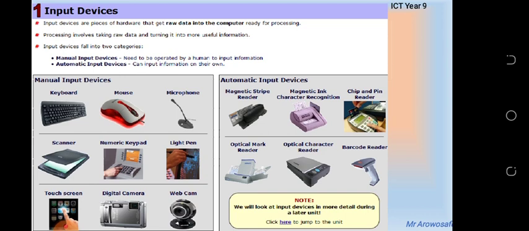The next one is optical character reader, which we use to scan or to read special characters. Then the last one on my list is barcode reader. We use this one to scan or to read any barcode at the back of your product.